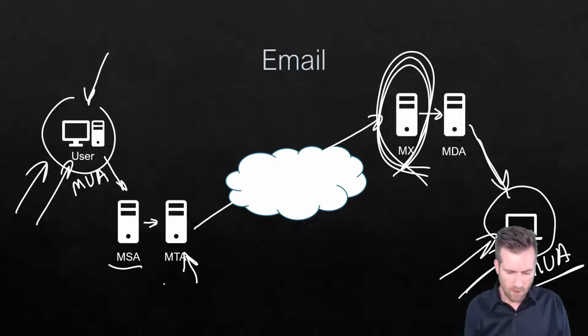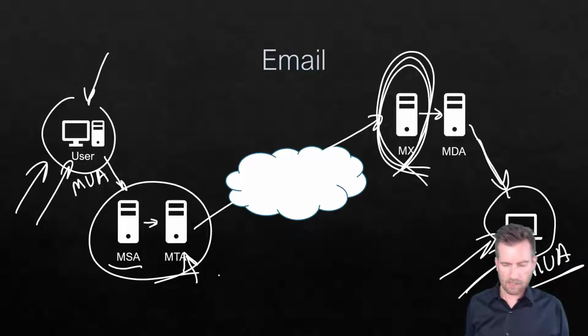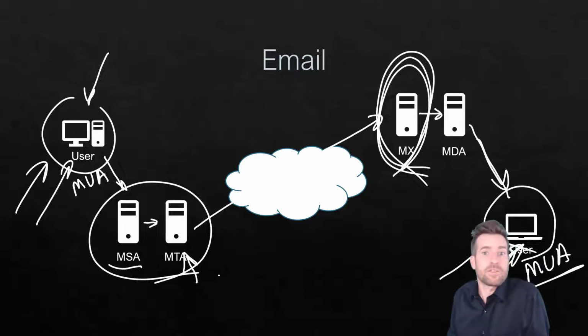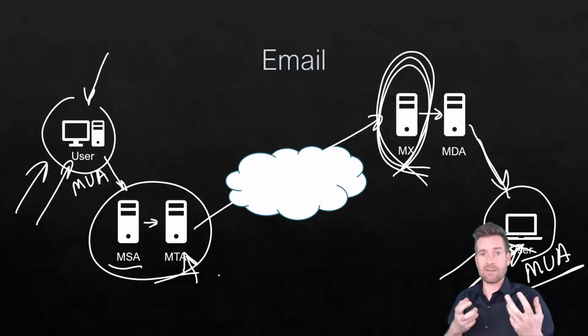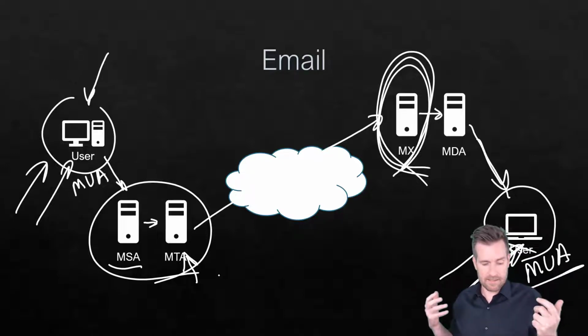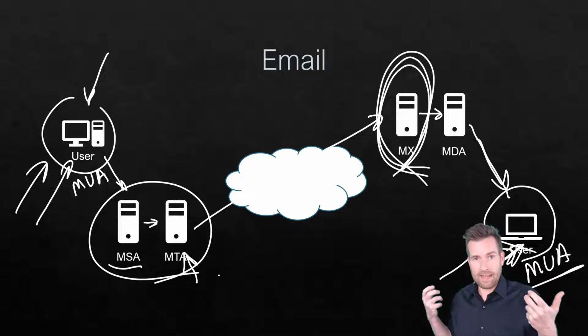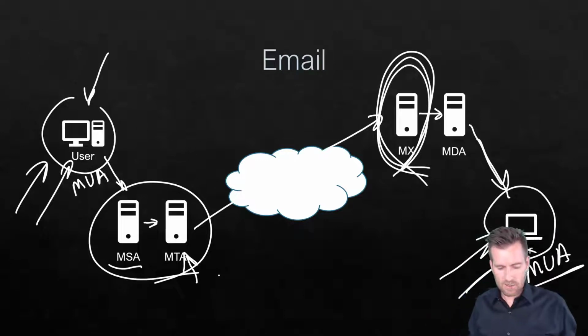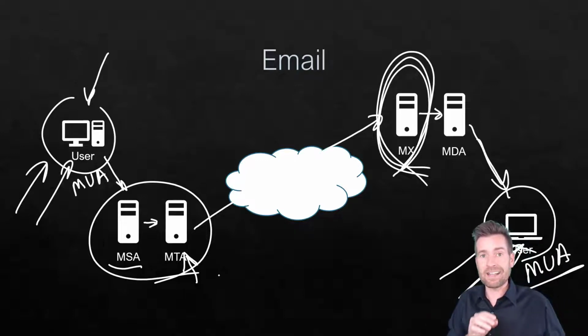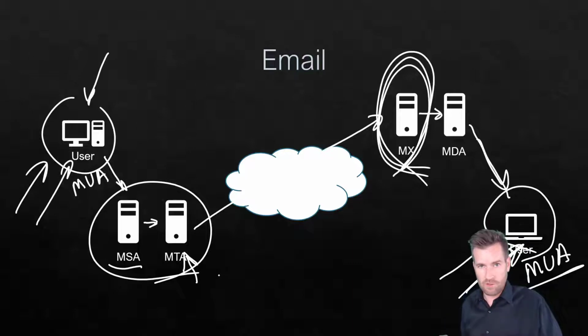For instance, this mail submission agent and the mail transfer agent could be one server, or it could be multiple servers. Sometimes it depends on the size of the organization, and how much they split these individual roles out.